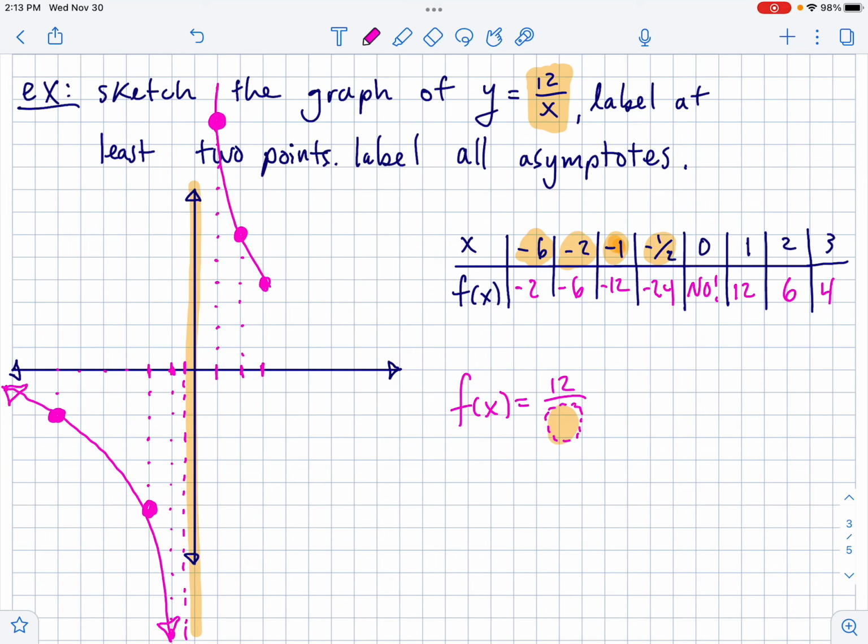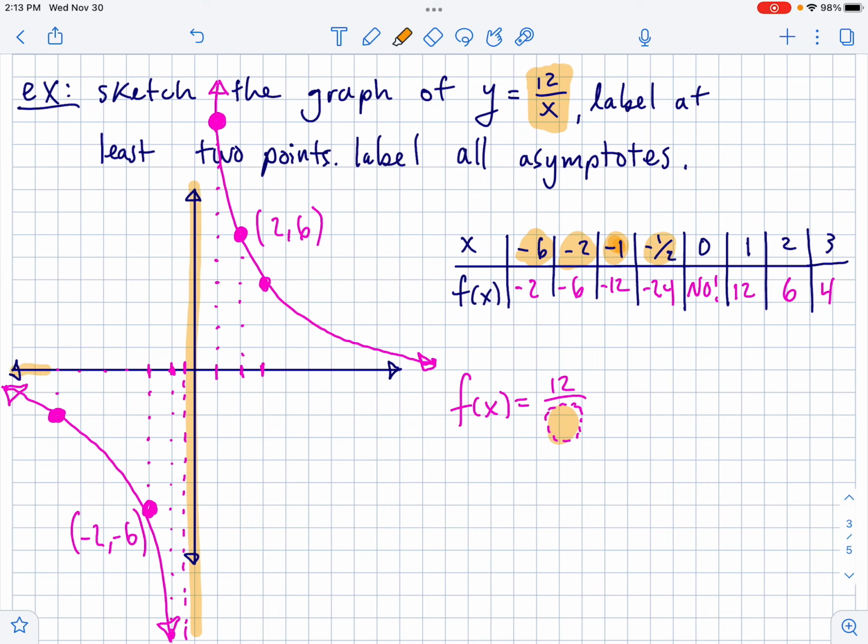So you can start to see, if I were to plug in bigger and bigger numbers, the output would get smaller and smaller and smaller. So we would get something like this. There's lots of points we can put on this graph here. I'm going to say that this is 2, 6, and this is negative 2, negative 6.